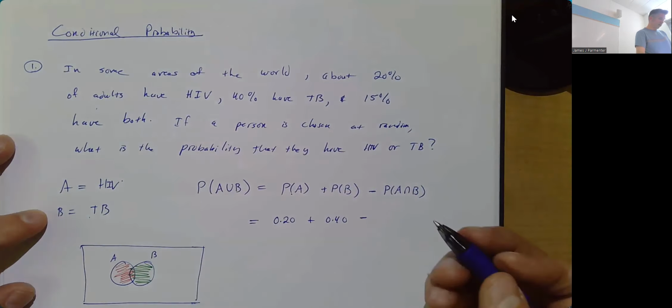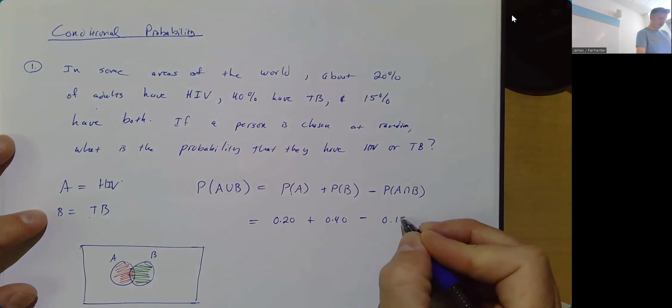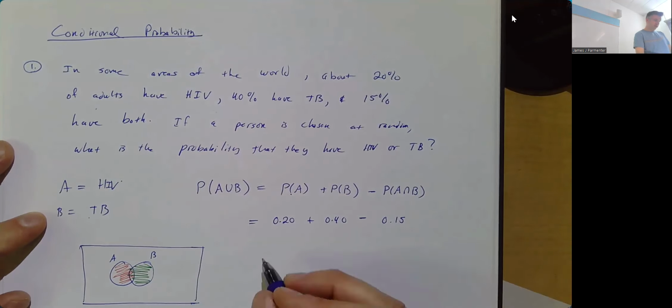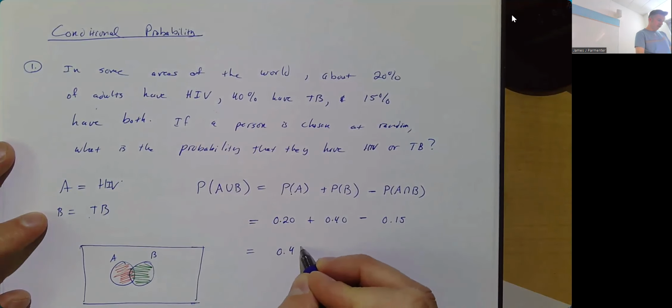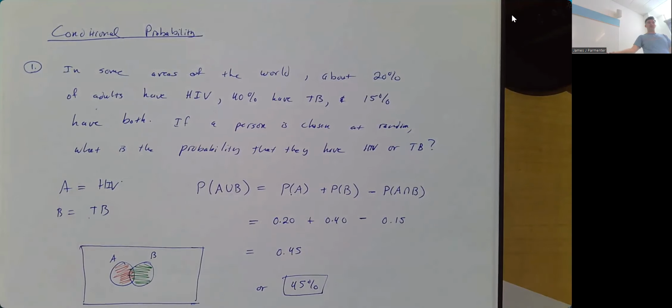And the probability of having both was 15%, or 0.15. So calculating this is going to be 0.6 minus 0.15, which is 0.45, or a 45% chance of randomly selecting an individual that has HIV or TB or both.